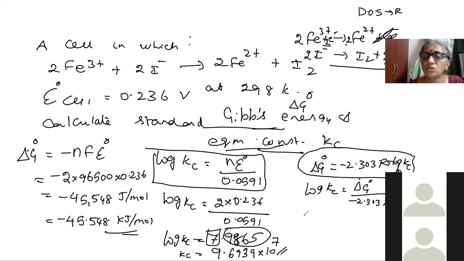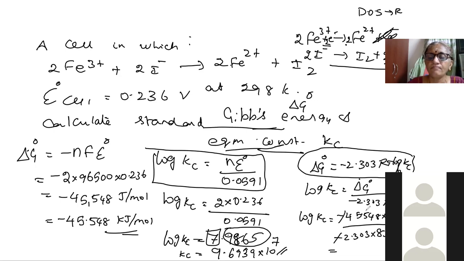Let us check with this also. Either use del G naught to calculate log Kc and then Kc, or use E naught with this formula and calculate Kc. The del G naught value is minus 45.548 kilojoules, no? So you have to change it to joules, or you use this value directly: minus 45,548 divided by minus 2.303 into R value 8.314, T is 298.